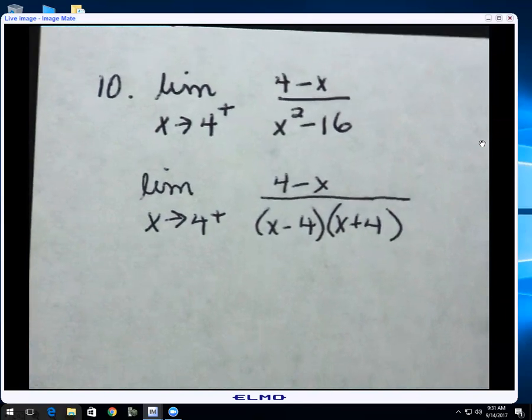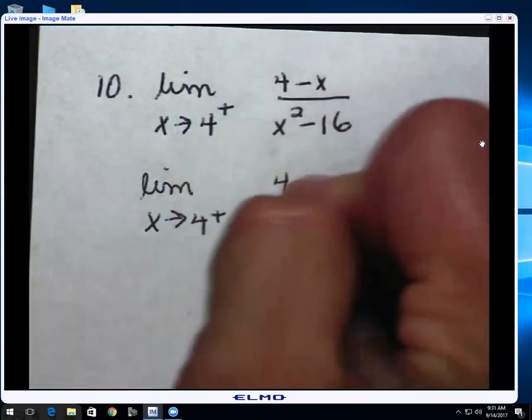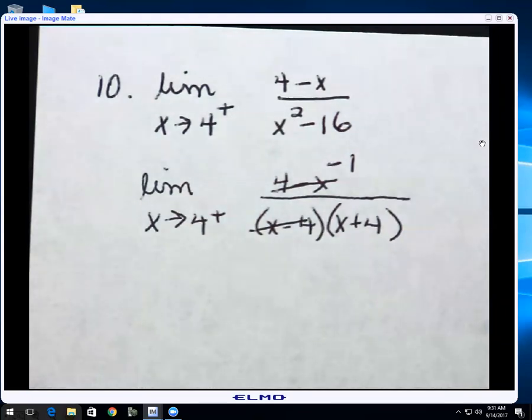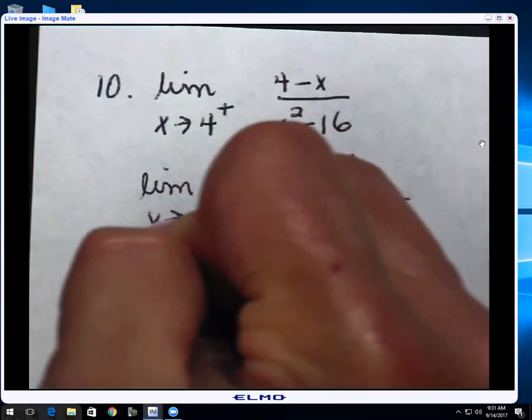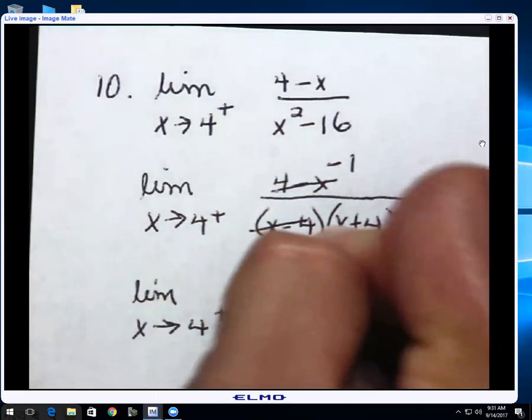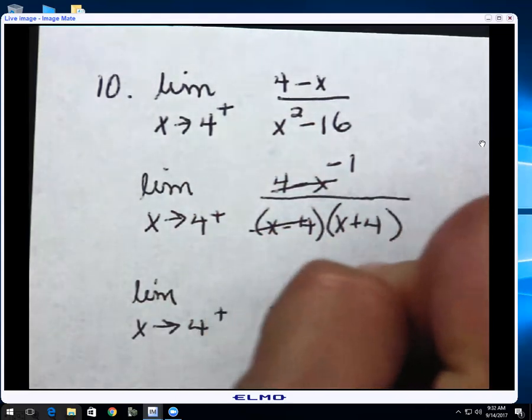Definitely not. They're not the same, but they are direct opposites of each other. So you can cancel them as long as you leave a -1. That's the limit as x approaches 4 from the right of -1 over x plus 4.